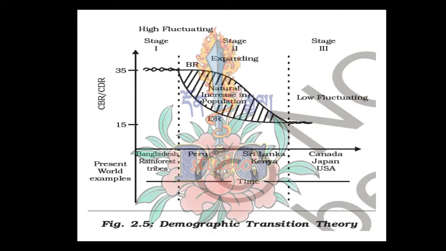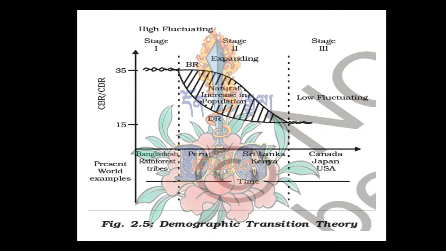So if in a particular country the birth rate is high and the death rate is low, the growth of the overall population will be very, very high. As compared to the first stage, there is a change in both birth rate and death rate. Here the birth rate declines more slowly as compared to the death rate.